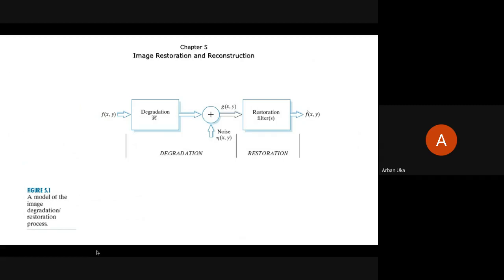Afterwards, we apply restoration filters in order to get some f star of x,y. So let's say we degraded, we added noise, then we try to implement the restoration filters, and we hope that the final result that we see on the right side of the slide is as close as possible to the original image, which is f of x,y. Okay, that's what we hope for.